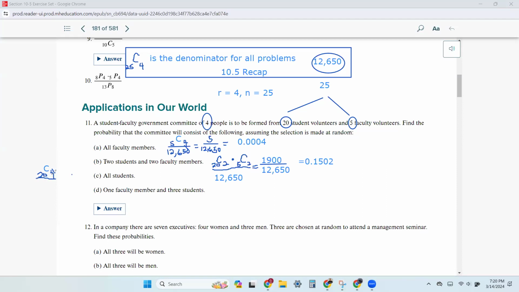And again, this has got that same denominator down there. All right. And that's a 20. So 4 from 20.